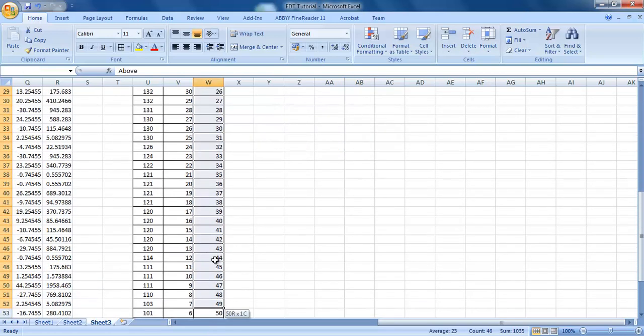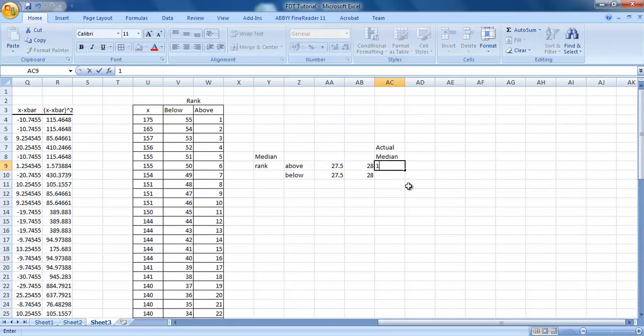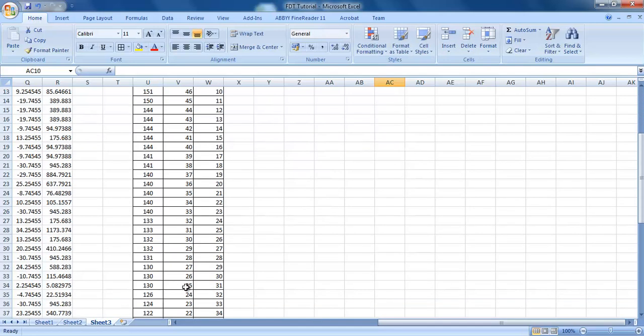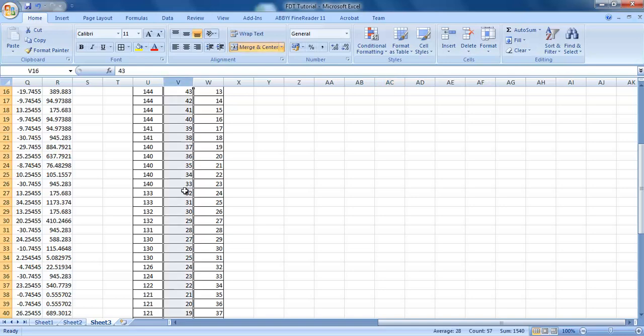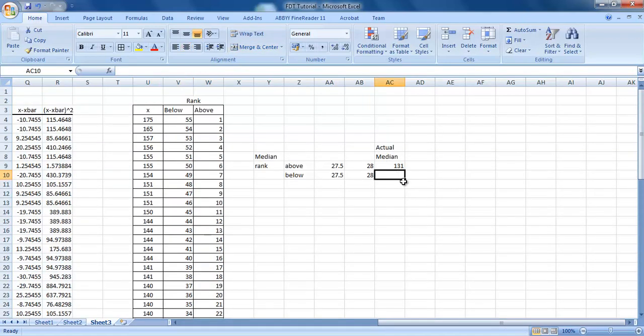So where is our number 28? It is 131. From below, 28, where is our 28th item? So 131. Okay?